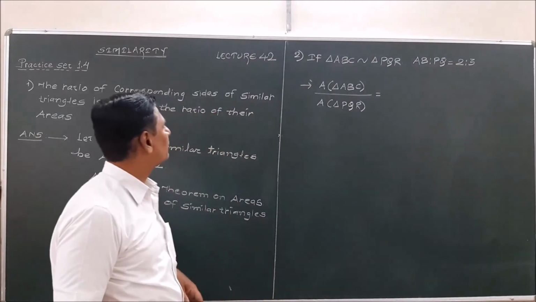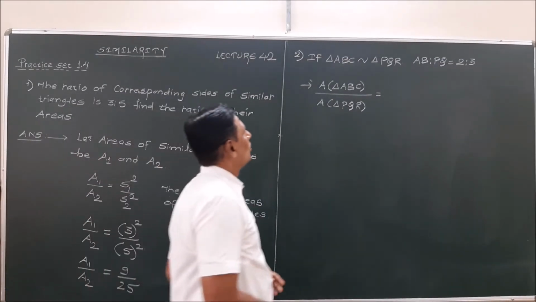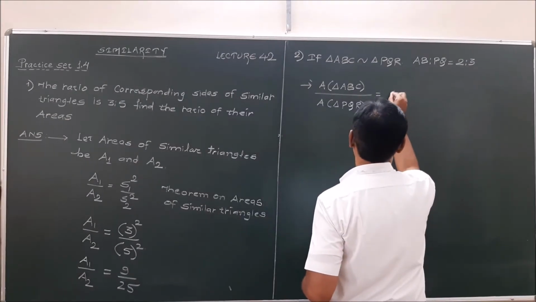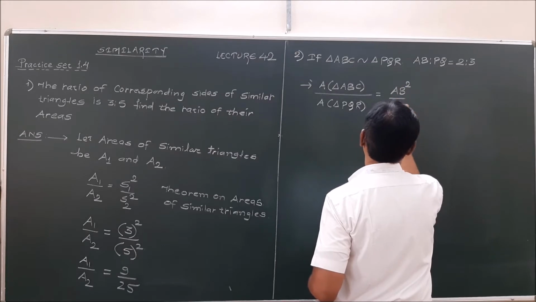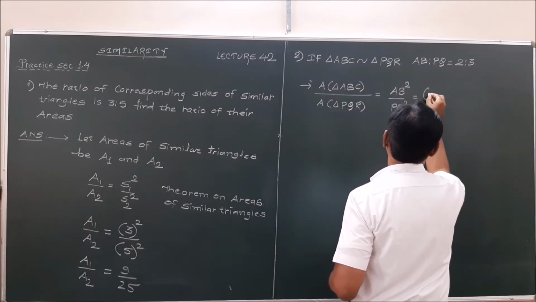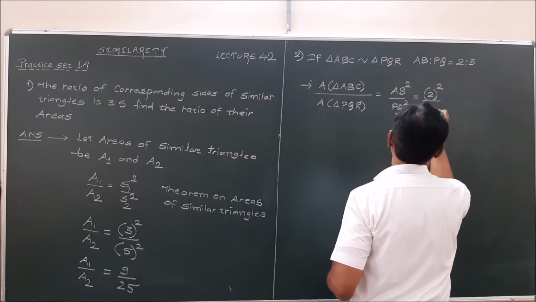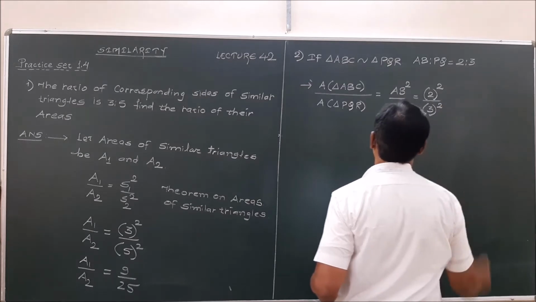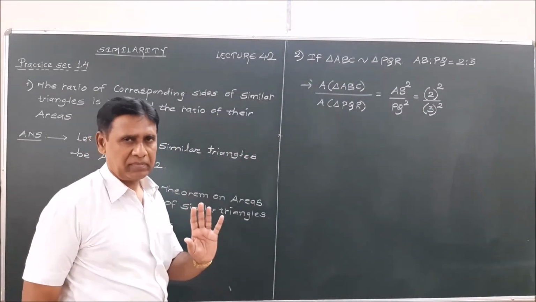Okay. So area of triangle ABC upon area of triangle PQR is equal to AB square upon PQ square. That is equal to 2 square upon 3 square, because triangles are given similar.